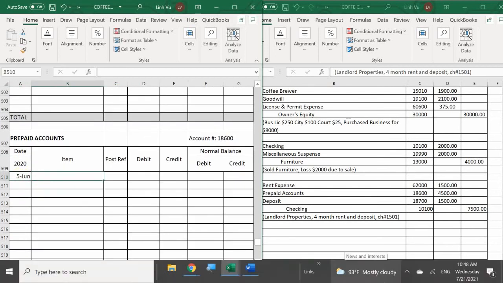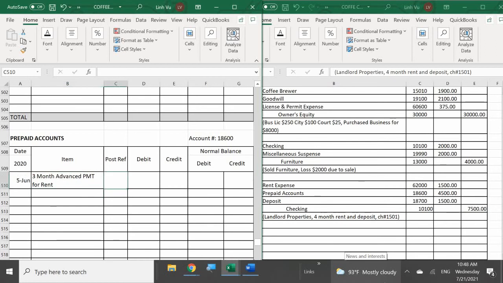And in this case, I'm going to go ahead and make a note to myself saying that this was 3 months advanced payment for rent. Okay? Because that's what that 4,500 is. It's 3 months worth of rent.